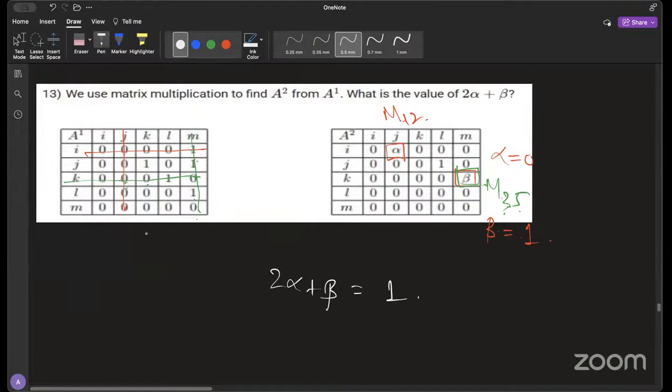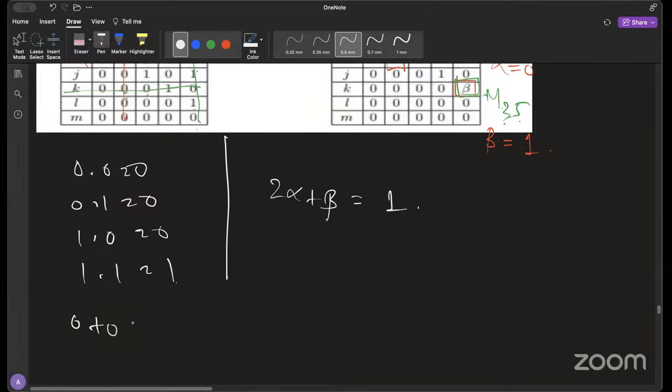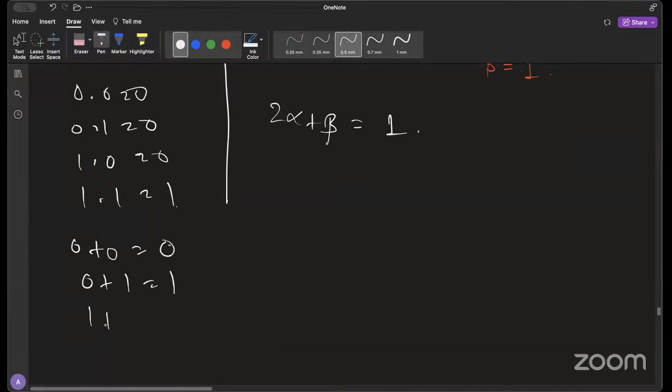Yes, ma'am. If you want to recall the multiplication and addition in this matrix multiplication, how do you multiply and add entries? In multiplication, it's just usual multiplication: 0 times 0 is 0, 1 times 0 is also 0, and 1 times 1 is 1. But in addition, there's a change. 1 plus 1 is 1.